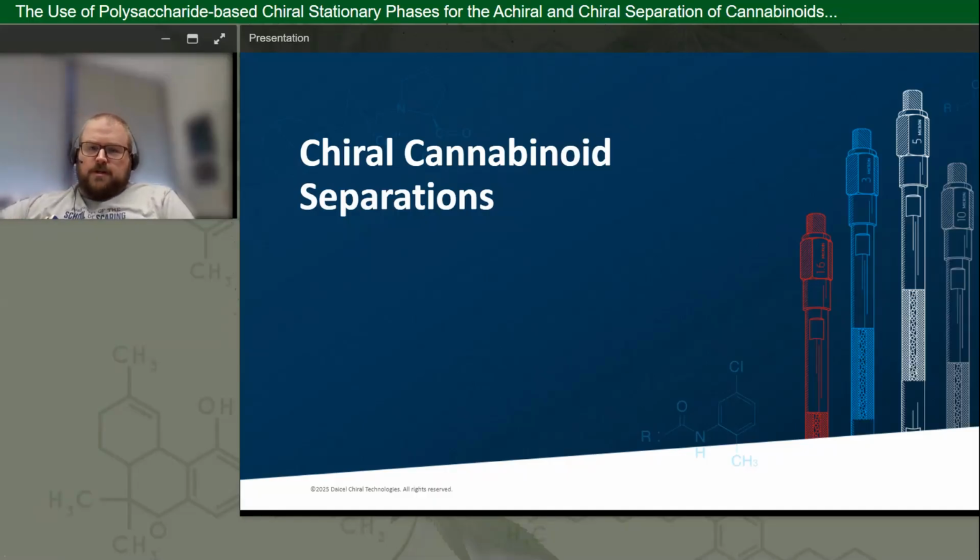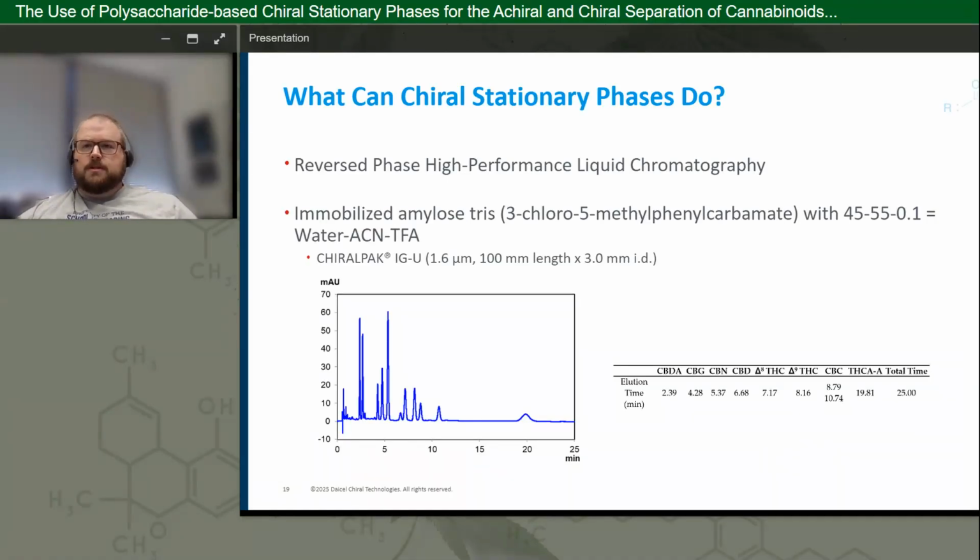Now, the natural progression for us, of course, is that we make these chiral stationary phases. So let's look at some chiral cannabinoid separations then as well. Going back to that reverse phase separation that I just showed you, yes, we separate all of these achiral mixtures, but you'll also notice that CBC, cannabichromene, has 2 retention times associated with it. And why is that?